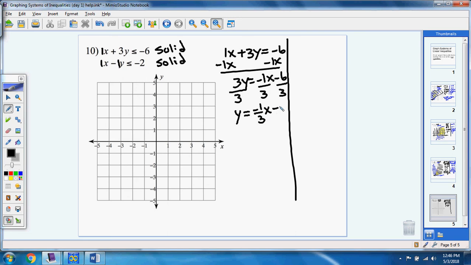And it's going to be a subtract 2. So my slope is negative 1/3, so it is going downhill. And b is equal to negative 2. So I start at negative 2. Go down 1, right 3. Down 1, kind of right 3. Reverse, or backwards, up 1, left 3. And yeah. All right, solid line.